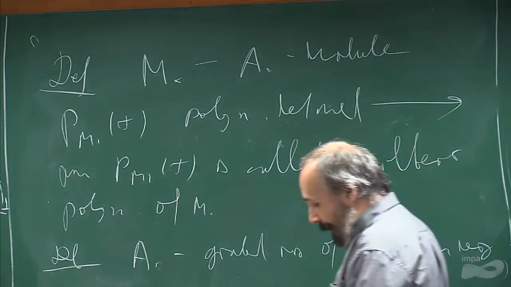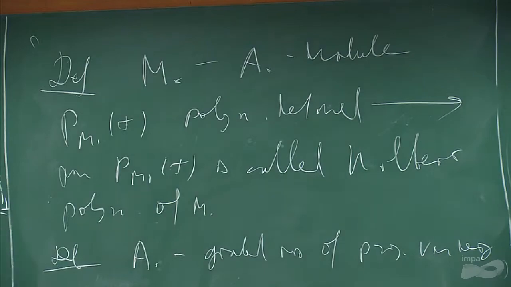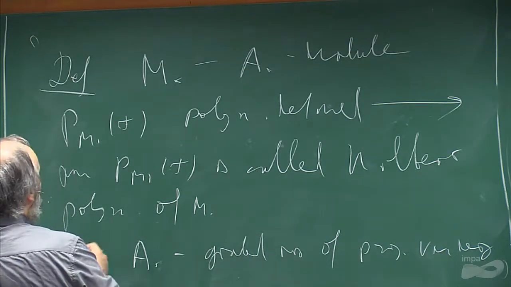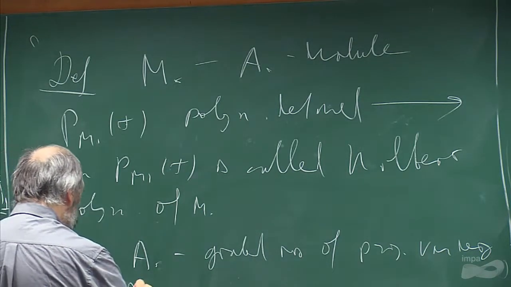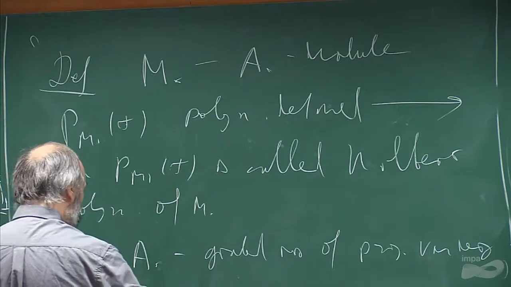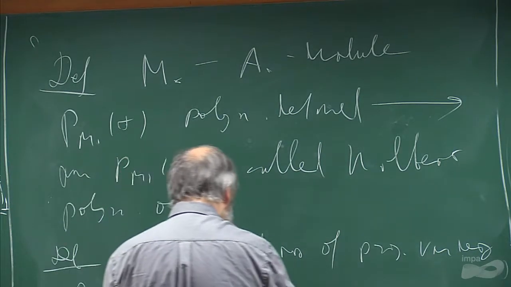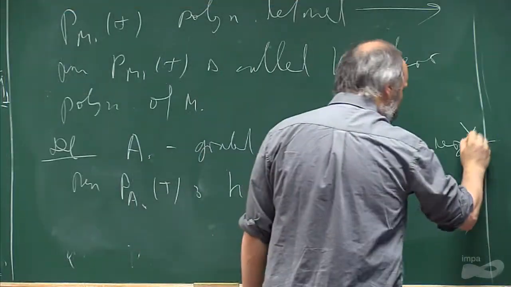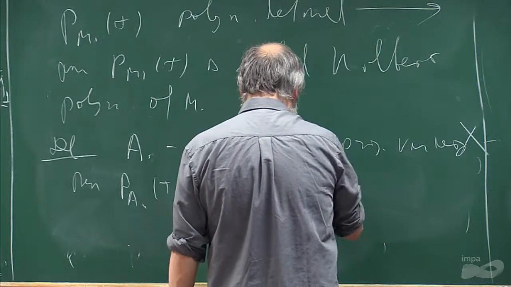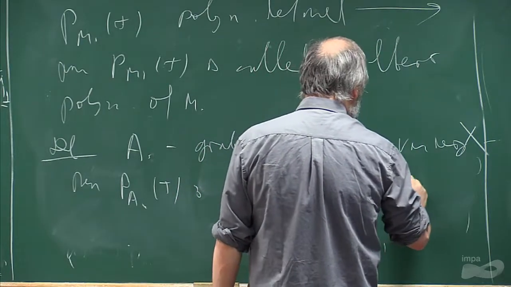A_0 is again a quotient, so it's just constants. And finally, everything is generated by A_1 because it's true for polynomials. Then the corresponding P_{A star}(t) is the Hilbert polynomial. So for a variety X it is the Hilbert polynomial of X.